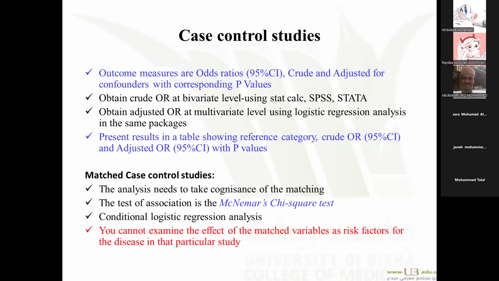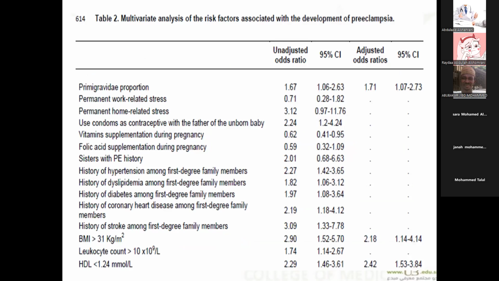So what happens here is it presents results in a table, and you have a table that has both the crude and the adjusted odds ratios and the p-value. Okay? And this is an example of what I was saying. The adjusted odds ratio or the crude odds ratio.